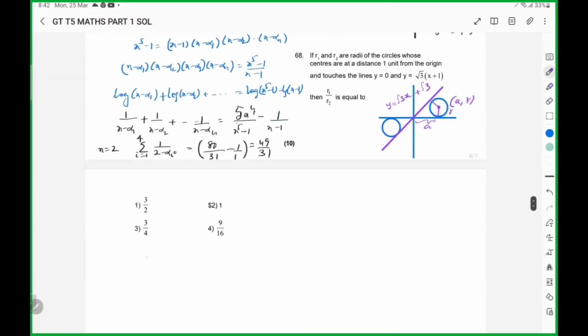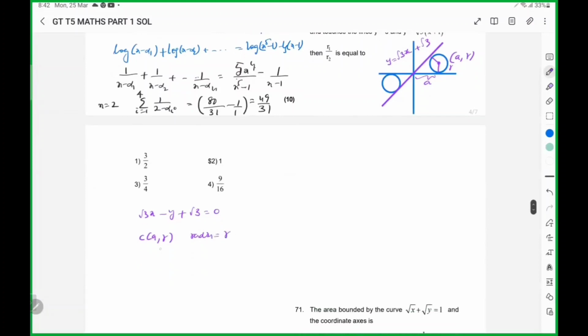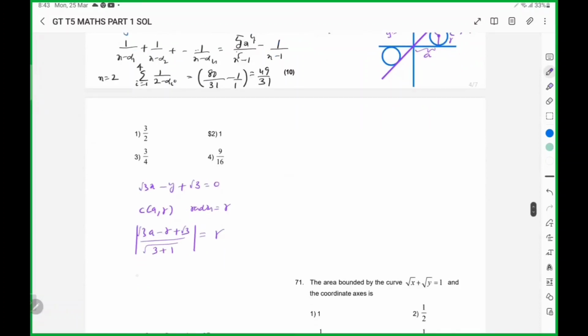So the line here is root 3x minus y plus root 3 is 0. Center a comma r, so radius is r. So root 3a minus r plus root 3 by root of 3 plus 1, which is equal to radius. Root 3a plus root 3 minus r is 2r.